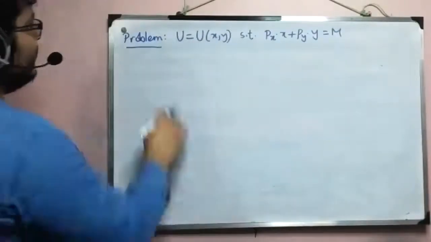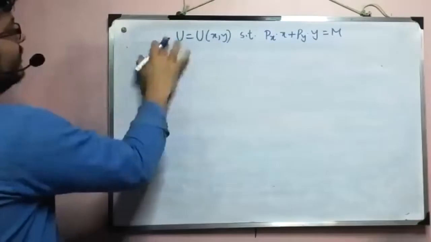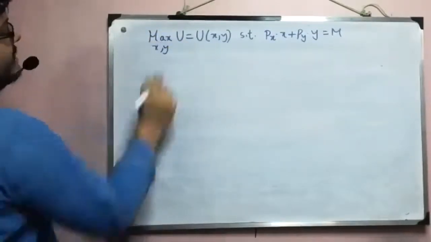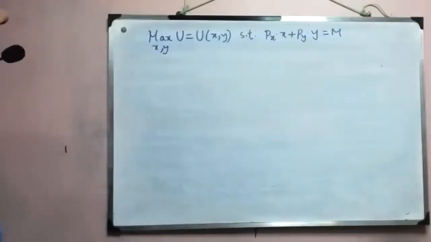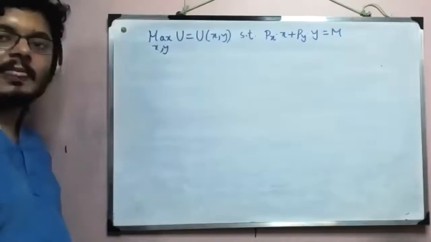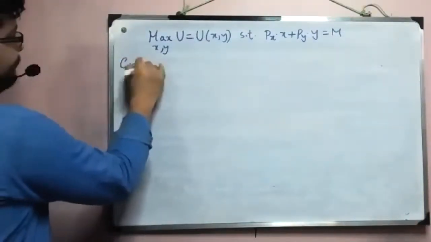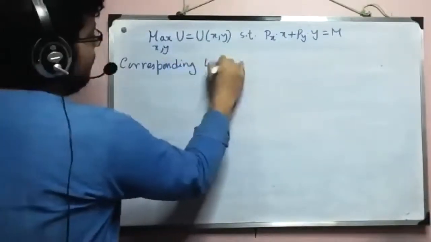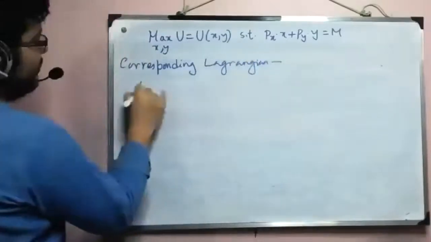So what is our problem? Maximize with respect to x and y, u equal to u of x, y subject to pxx plus pyy equal to m. Now the corresponding Lagrangian, we know what it will be.